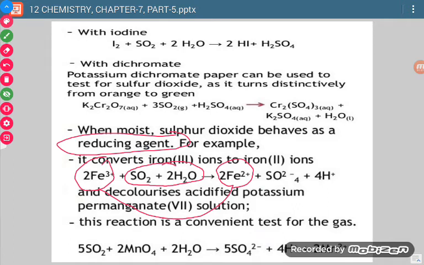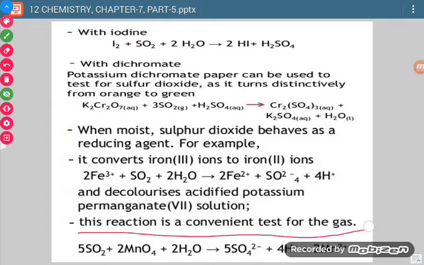Now, this reaction is a convenient test for the gas. If we want to check whether the gas is sulfur dioxide or not, what we will do?